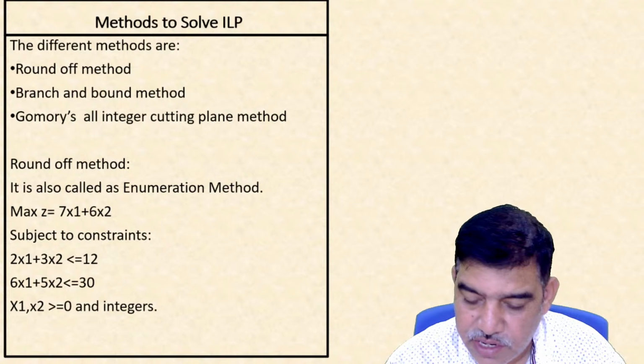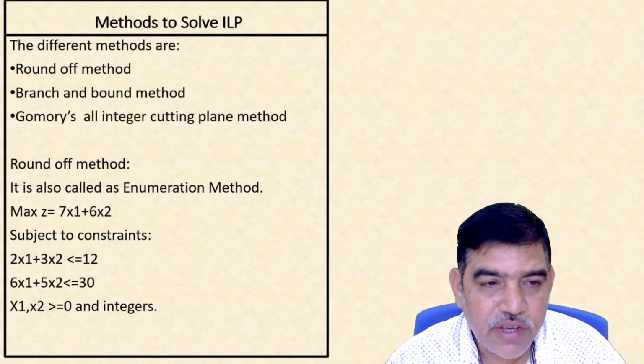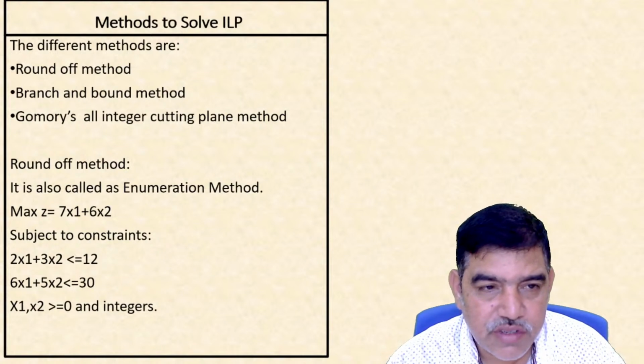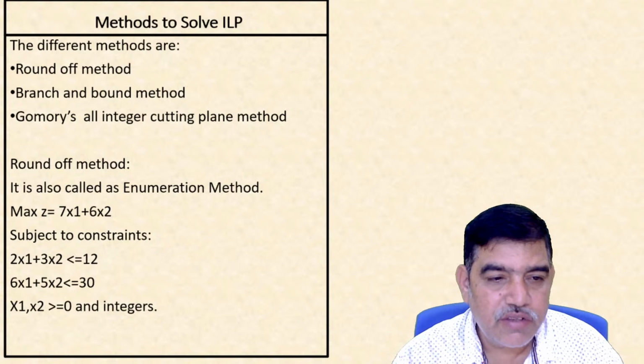Then add the constraint to the linear programming problem in the first step and go back to step 1. That is the repetition or iteration process till you get the optimal solution.